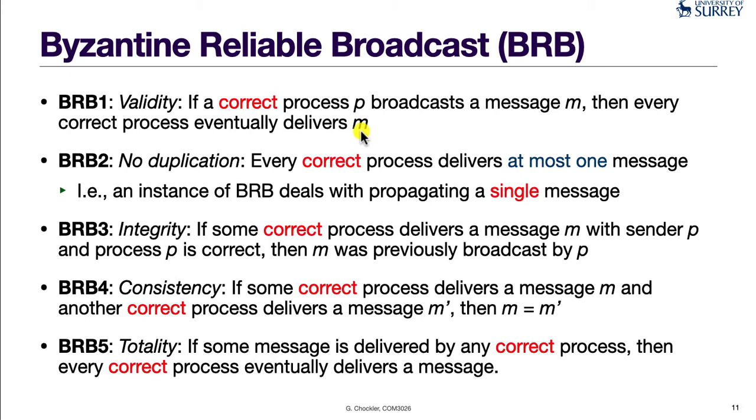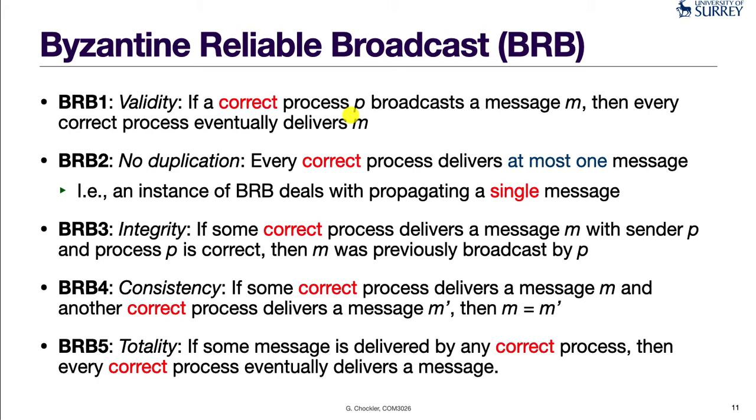What this basically means in the Byzantine context is that Byzantine processes can't interfere with propagating messages that were sent by correct senders. They can't mount some sort of denial of service attack or something else that would interfere with the message propagation.